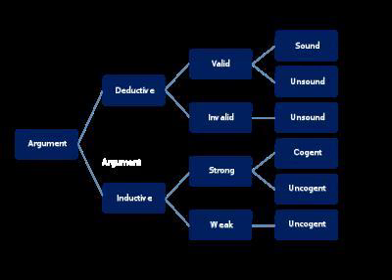If you have an invalid argument, basically the premises could be true or false, and the conclusion could be true or false. There's no logical connection between these. These could be true and this could be false. These could be false and this could be true. That's an invalid argument. Just because the premises are true, if you have an invalid argument, that doesn't mean the conclusion has to be true. It could be false.